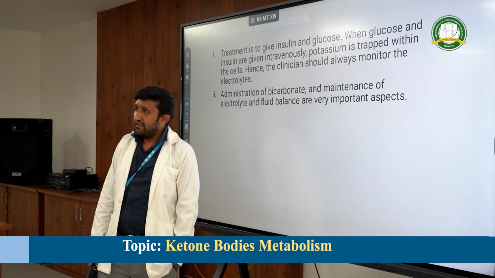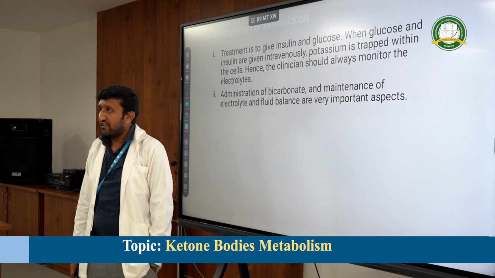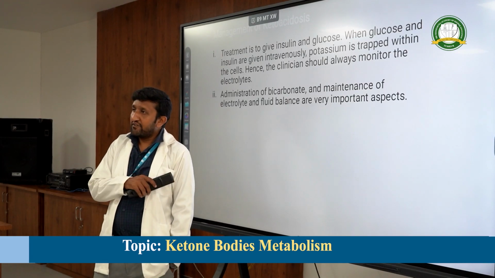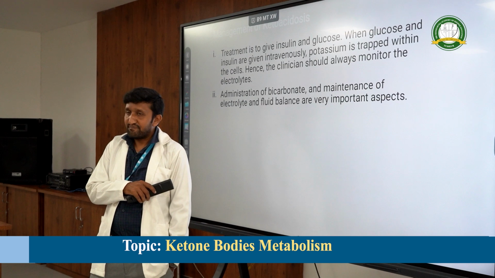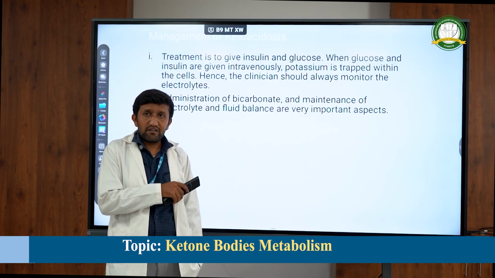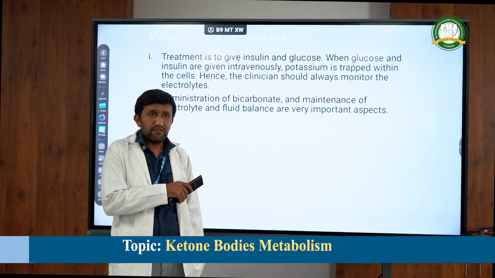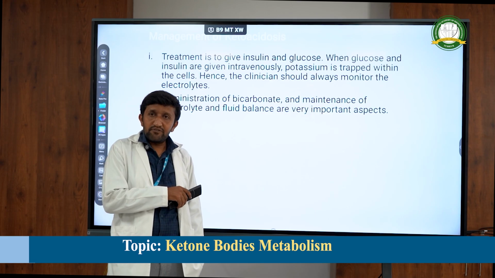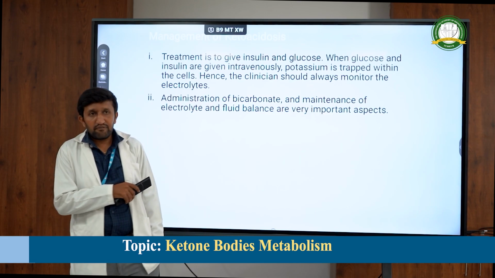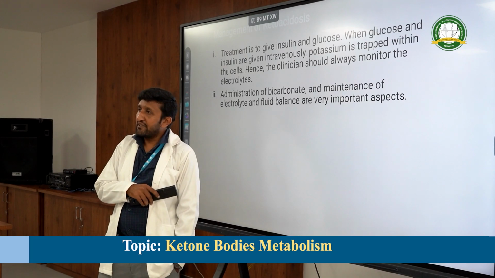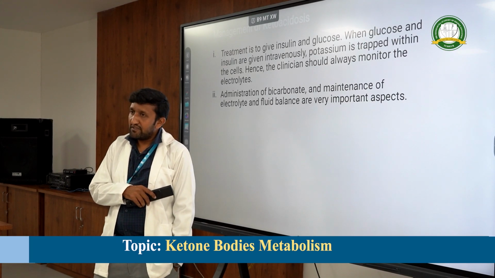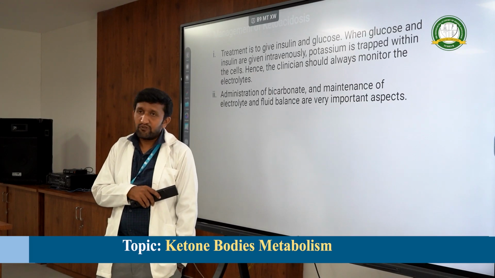When fatty acid oxidation takes place, the acetyl CoA will enter ketone body formation when there is an absence of glucose. Ketogenesis: the primary ketone body is acetoacetate, and the secondary ketone bodies are beta hydroxybutyrate and acetone.